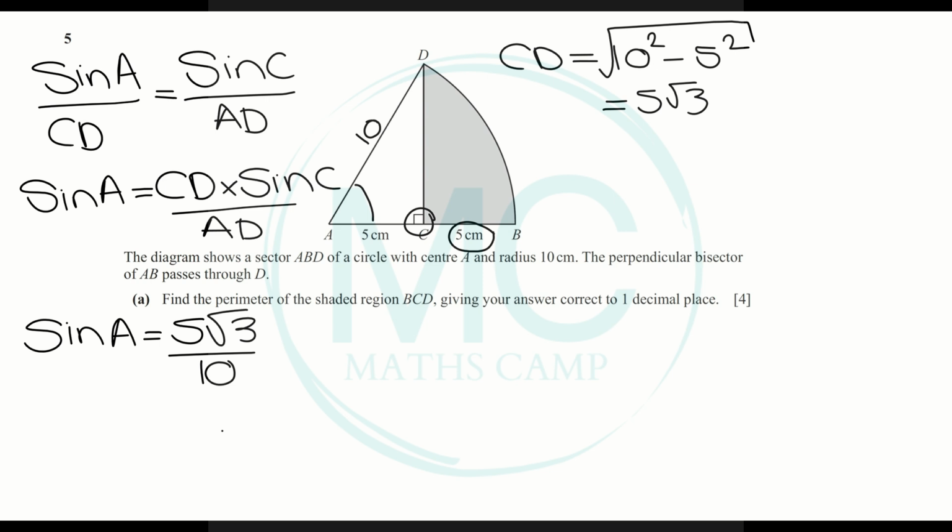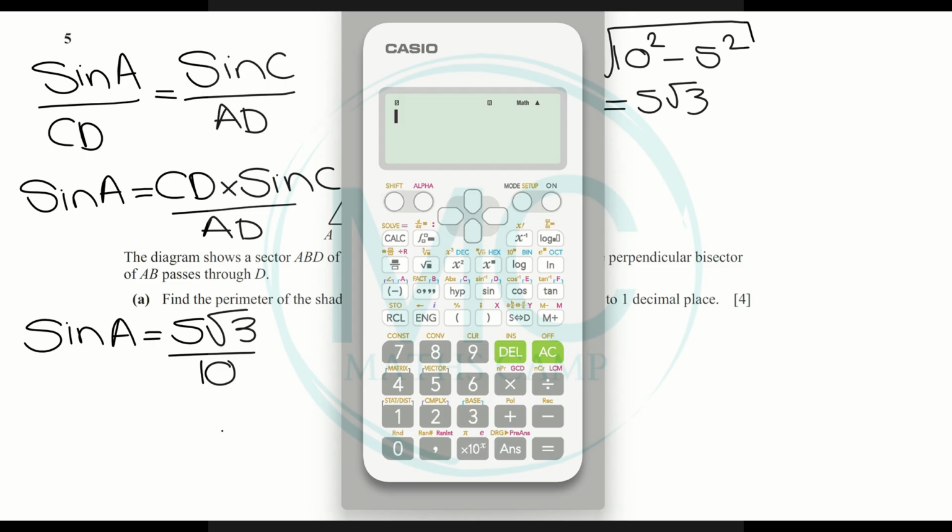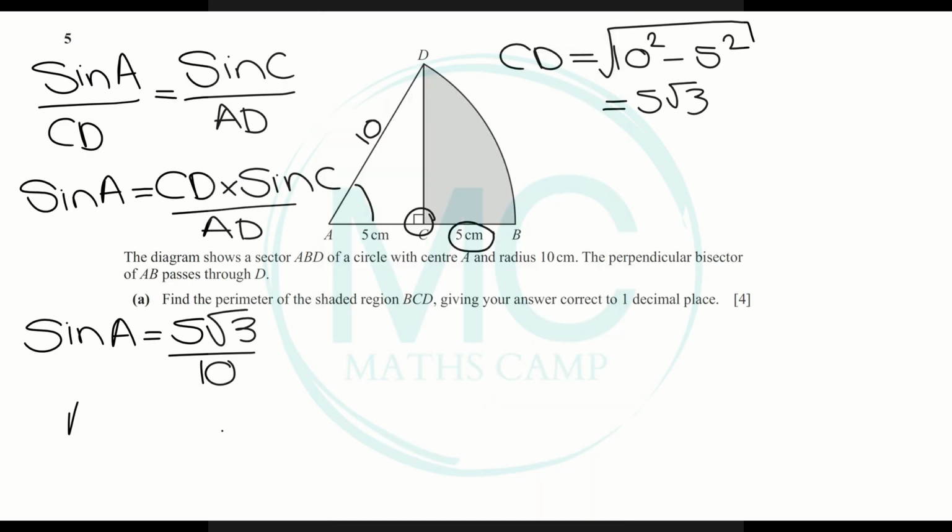Sine A is equal to 5 root 3 over 10, but I want the value of A, so I need to use the inverse of sine. So inverse sine of 5 root 3 over 10 is equal to 1 over 3 pi. This is my angle A, which is equal to 1 over 3 pi.